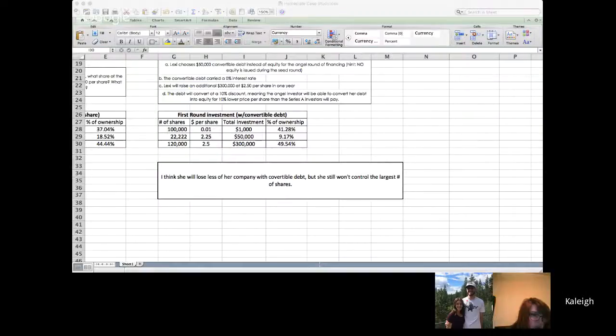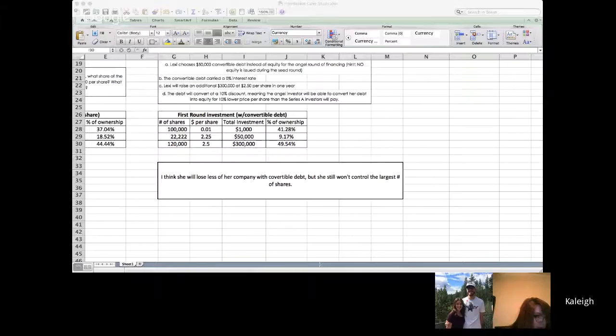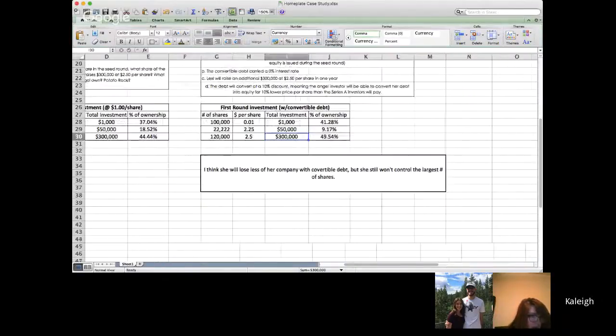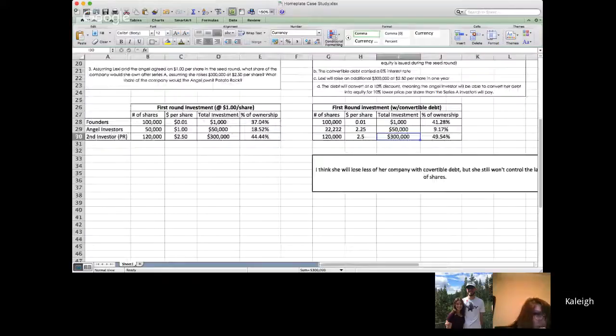And so she's just exploring her options for when she has to raise the additional amount next year. Yeah. So I guess we could look at just these 2 then, right? This one and this one. Yeah, is it better to do convertible debt or to have it this way?